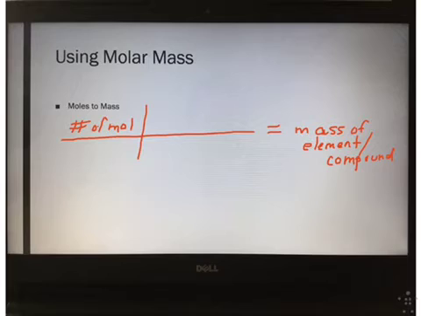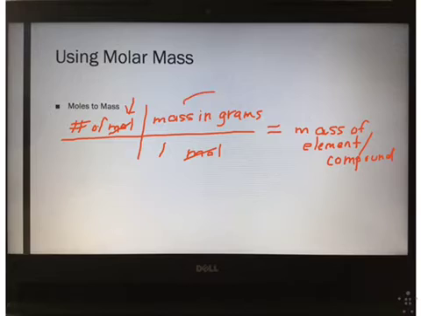If I have moles right here, that means the mole part of my molar mass goes on the bottom. There's always 1 mole in molar mass, because molar mass is the mass of 1 mole of a substance, so the mass in grams goes up top. When you do this, your moles cancel and you wind up with the mass of your element or compound.